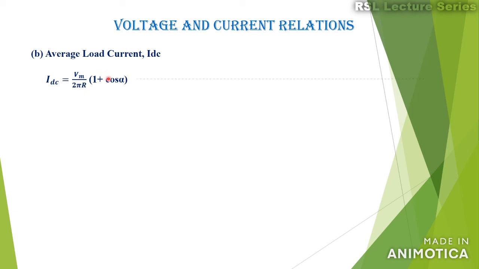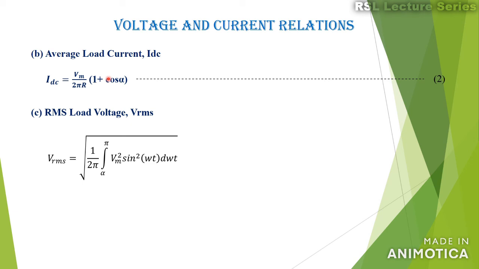So next, RMS load voltage. Vrms is given by under root of 1 by 2 pi integral alpha to 2 pi Vm square sin square omega t d omega t. Now this sin square omega t can be written as 1 minus cos 2 omega t divided by 2.